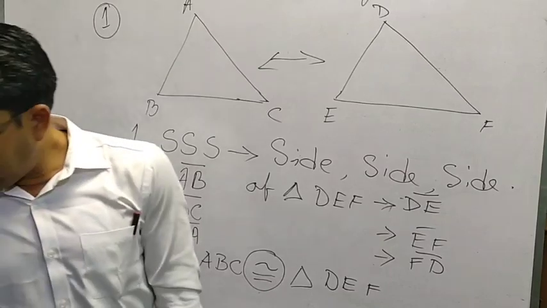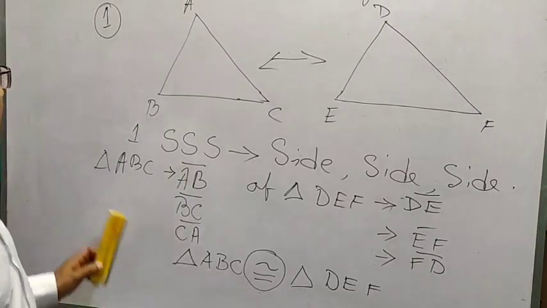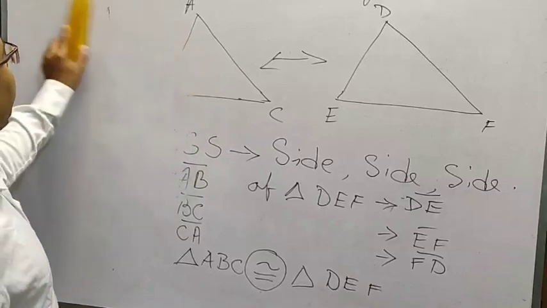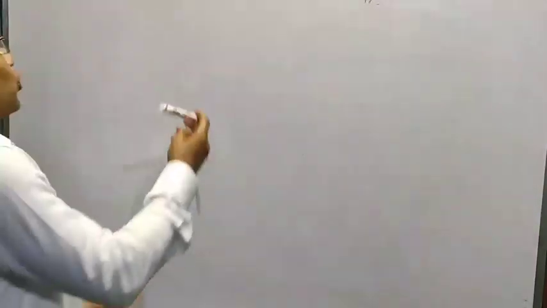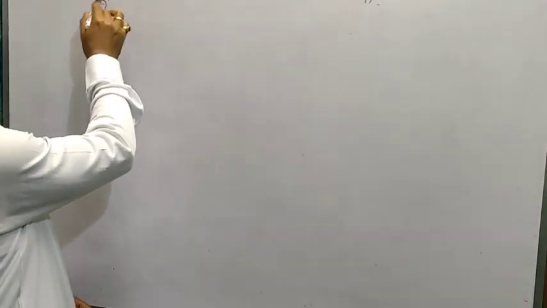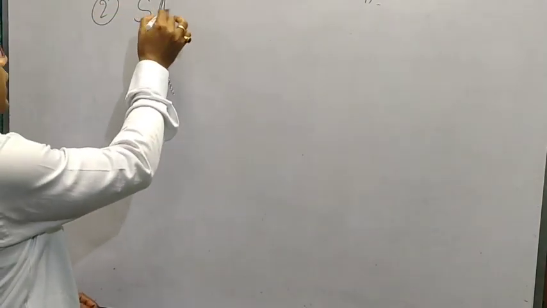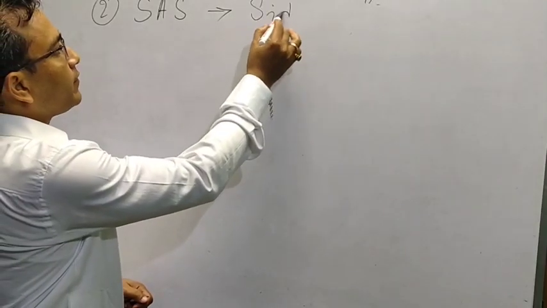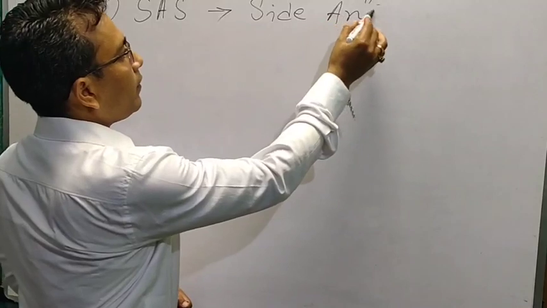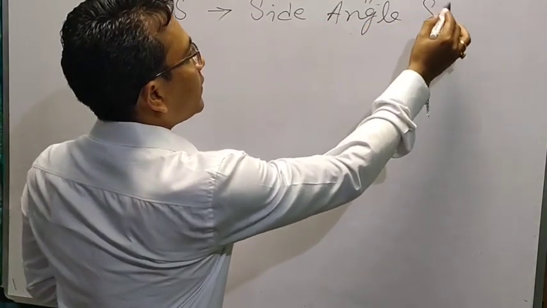Now we can proceed to the second one. This rule is number 2, that is SAS. It means side, angle, side.